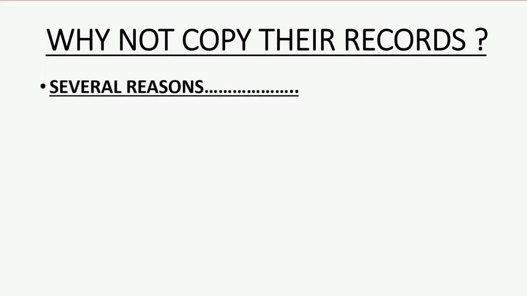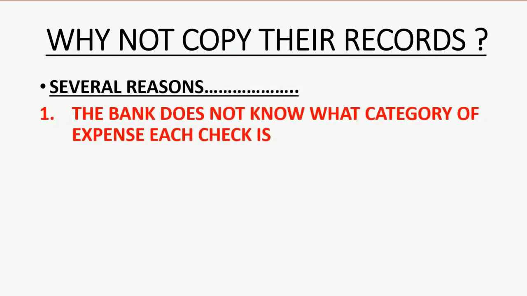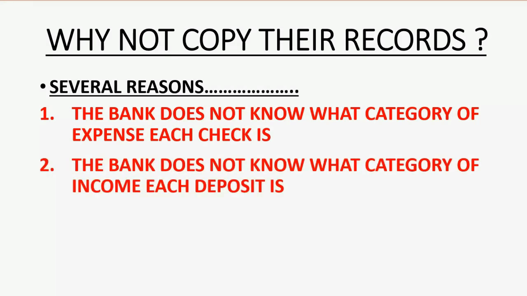First of all, we know that the bank does not know what expense category each check is. Only the person who wrote the check can know, is this for repair expense, delivery expense, supplies expense, and so on. The bank can't know what category of income each deposit is. The bank doesn't know if the money came from a customer that you did one type of service or another.